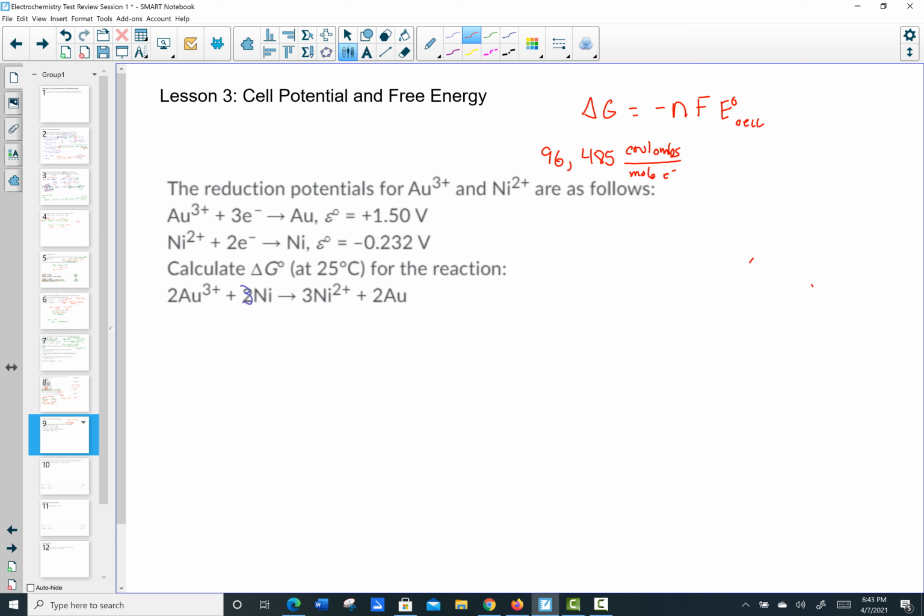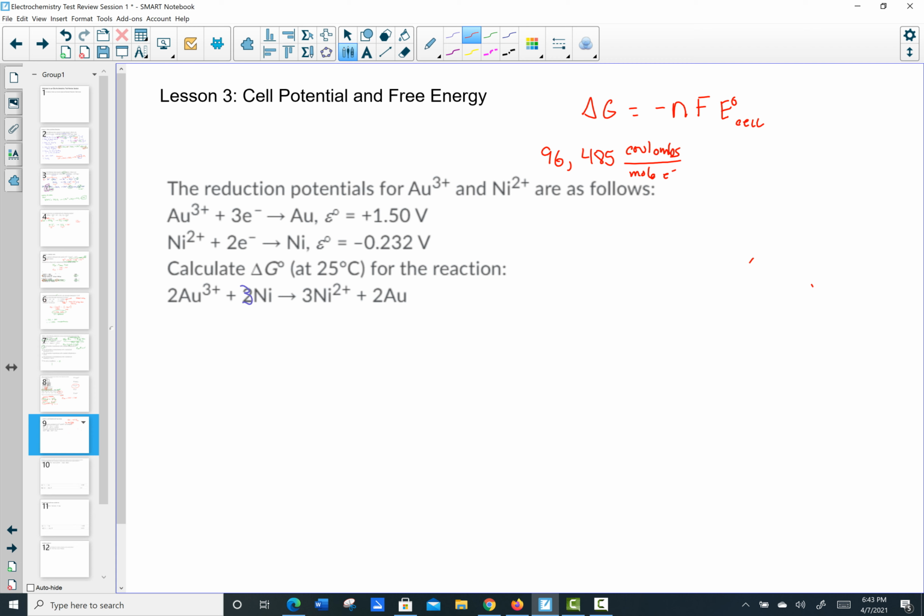The reduction potentials for gold 3+ and nickel 2+ are as follows. Gold plus 3 electrons is given to us as a standard cell potential at 1.5 volts, and nickel is given to us from the standard reduction table as negative 0.232 volts.